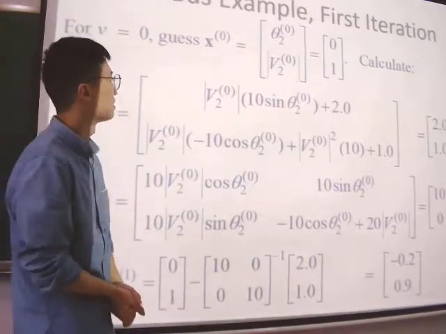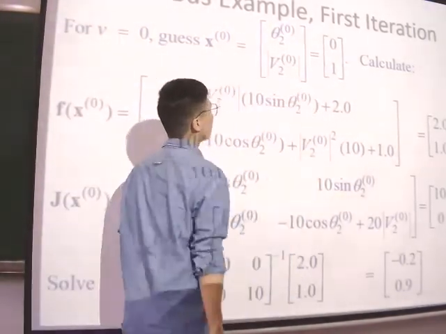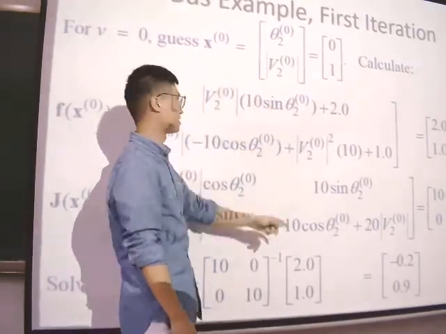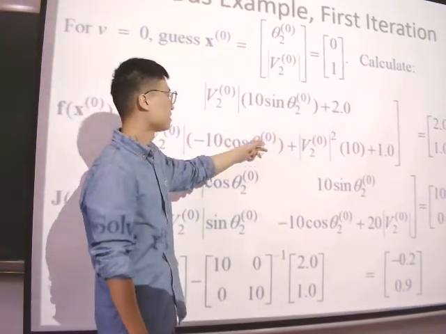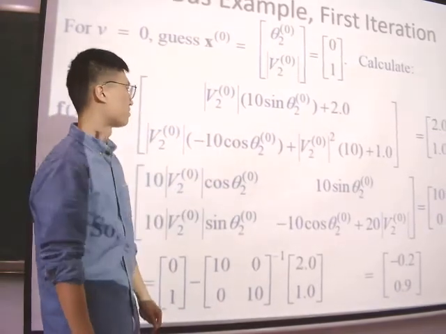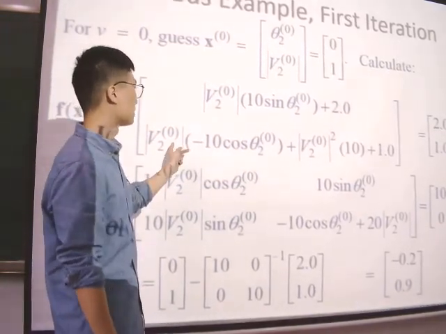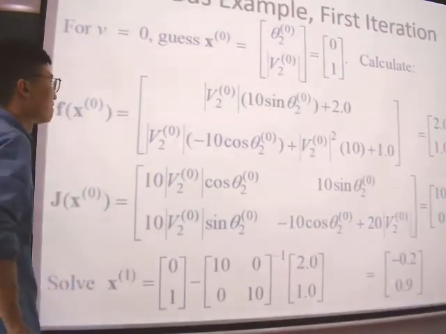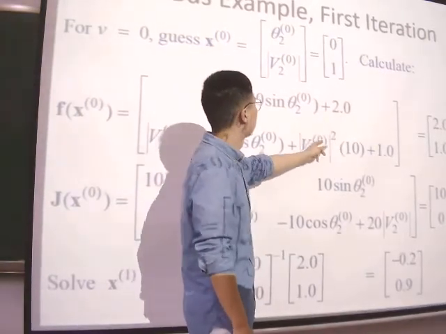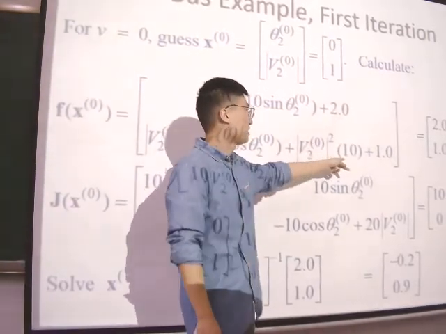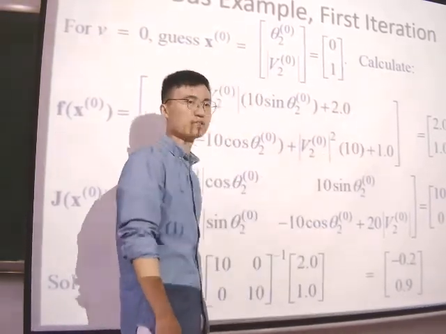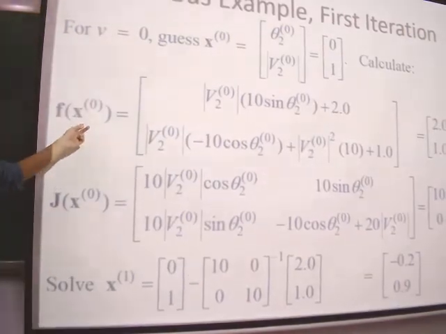Using this angle, sine 0 is equal to 0, and cosine 0 is equal to 1, so 10 becomes negative 10, right? Negative 10 and 10 is 0, so here is 1.